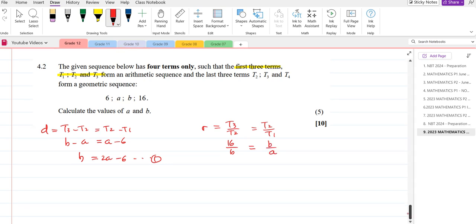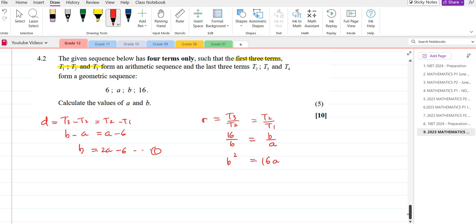Now if you cross multiply, you're getting b squared is equal to 16a. Now we already know what b is. b is 2a minus 6. So you're going to say 2a minus 6 all squared is equal to 16a.